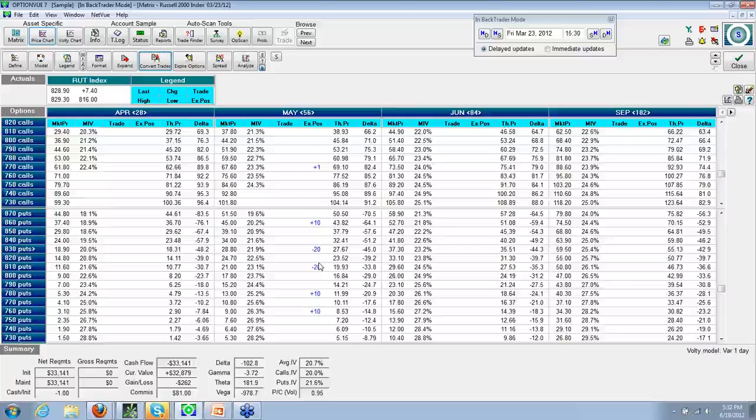We're going to use the same reference point of 810. But since we're already in 2/3, if I use a reference point of 810, right, my add point would be 850. But since we're already in with the 2/3, it's not going to be an add point anymore. It's going to be a leapfrog roll point. So if the market comes up and it jumps past 850, I'm going to take this 810 all the way to 850.